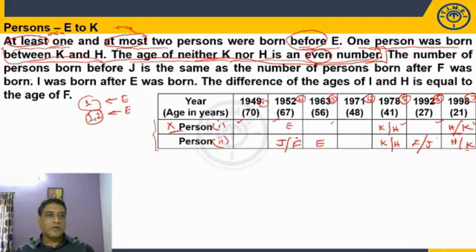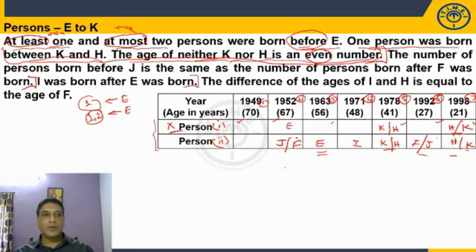Okay, now till now we have used the information: I was born after E was born. Now E is here. I is born after E. After E, all these three positions are filled, so this is the only place where we can take I. So this part is also used.